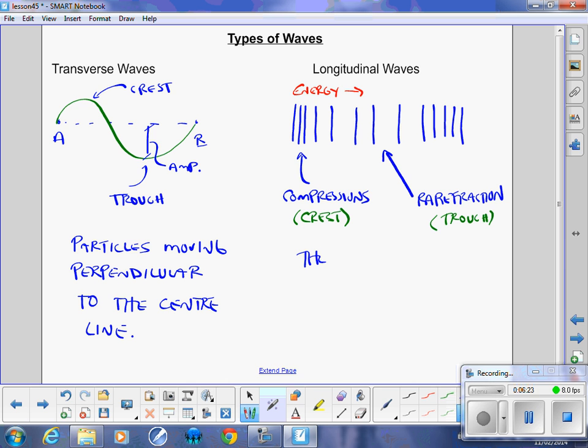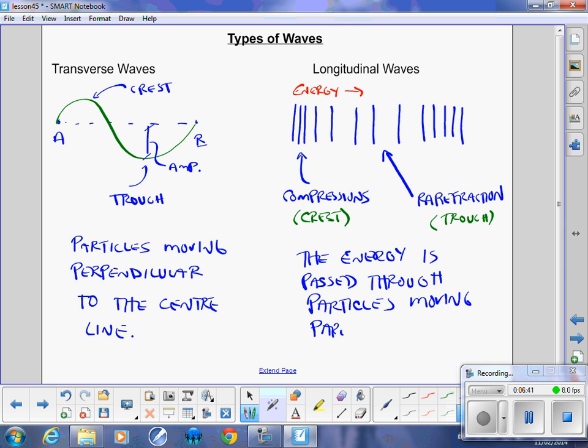So the energy, just as a note here, is passed through particles moving parallel to the center line. So our transverse waves are perpendicular, and our longitudinal waves are moving parallel.